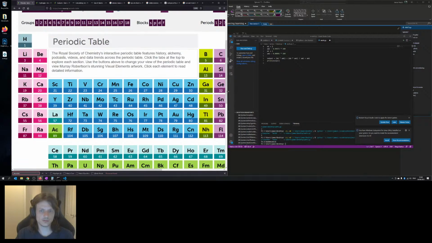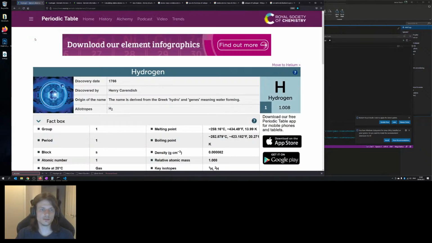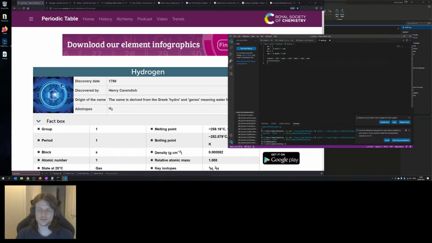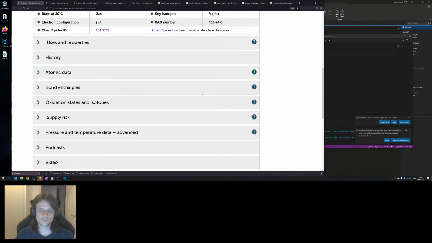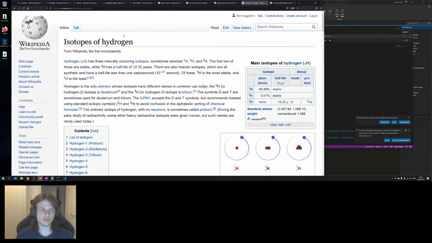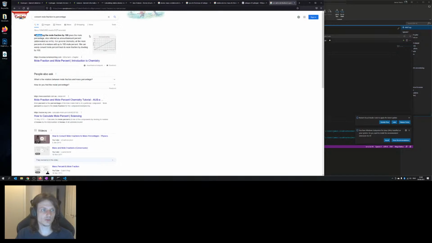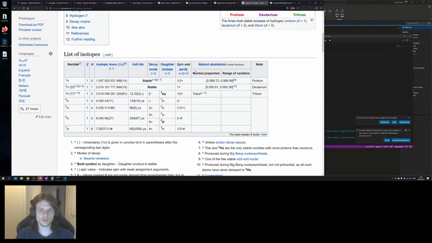So if I go to the chlorine again, 35 and 37, 1 and 2. Yeah. So, oh, no, that's right. M2 is that times 100. And I did this from here, isotopes of hydrogen, and the moles was multiplied by 100.